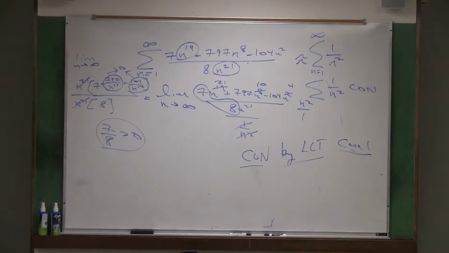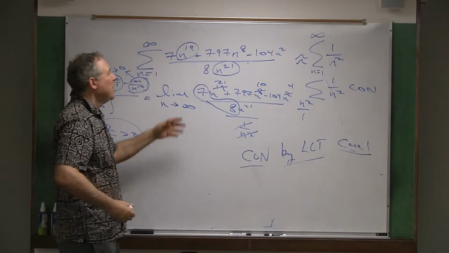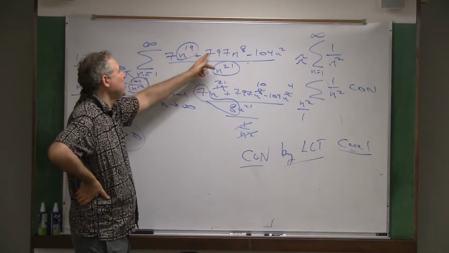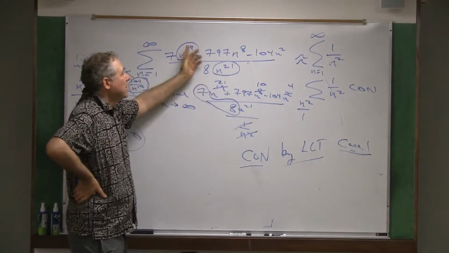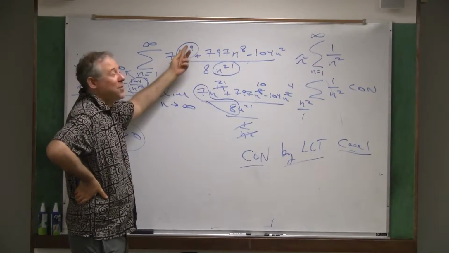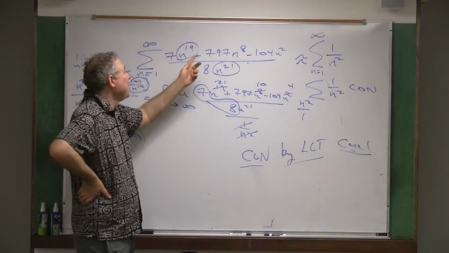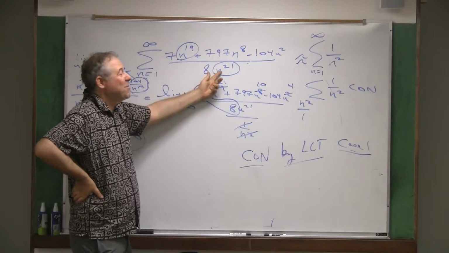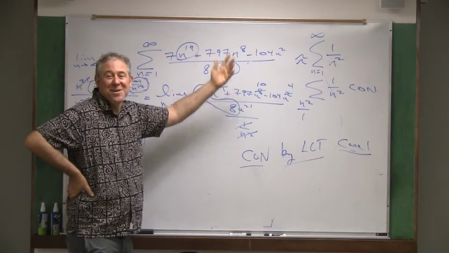So converge. Yeah? I've done these. You might get one like this where I just change the numbers, make some weird number there, and the leading power might be n to the 58 here and n to the 61 there.